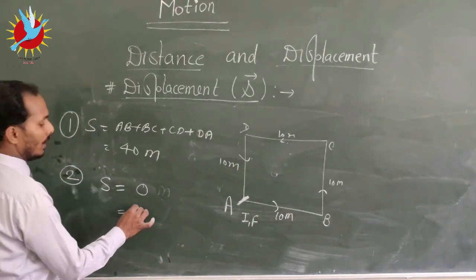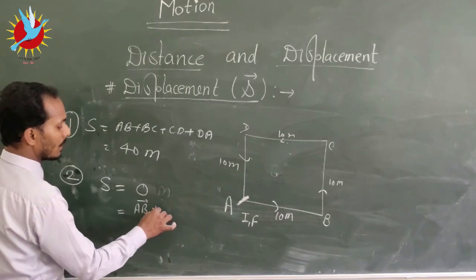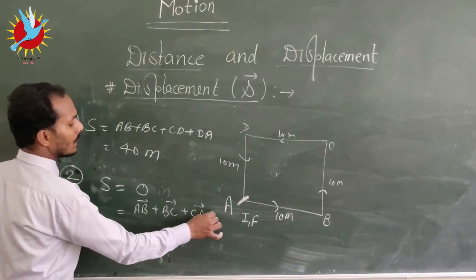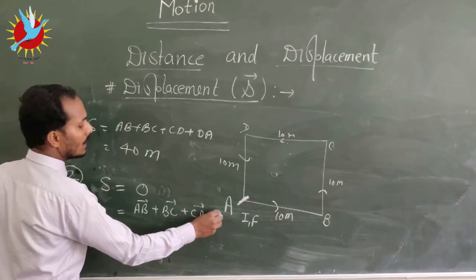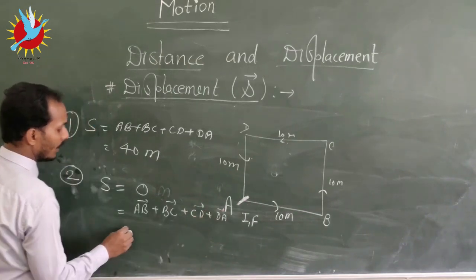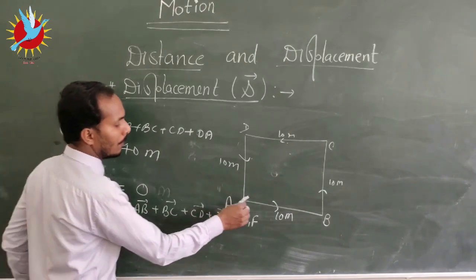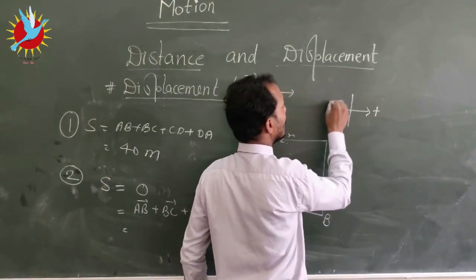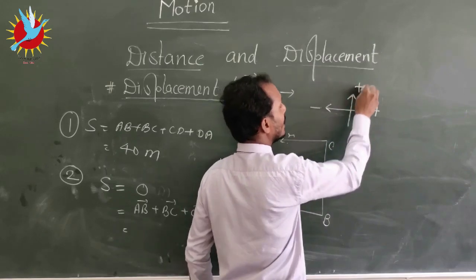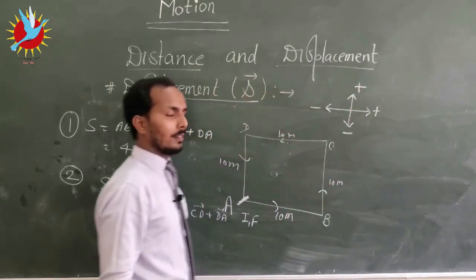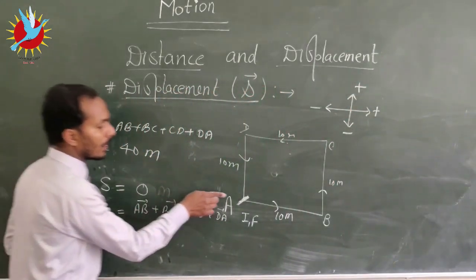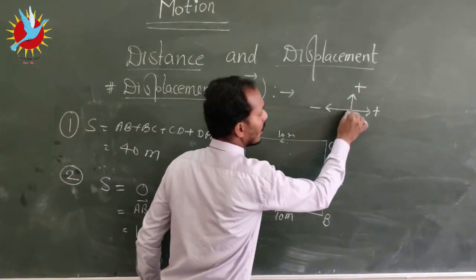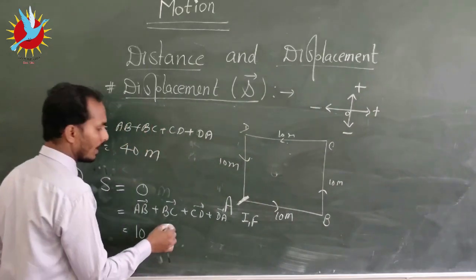AB plus BC plus CD plus DA. Taking the mathematics rule, positive, negative, follow this rule. AB is positive.